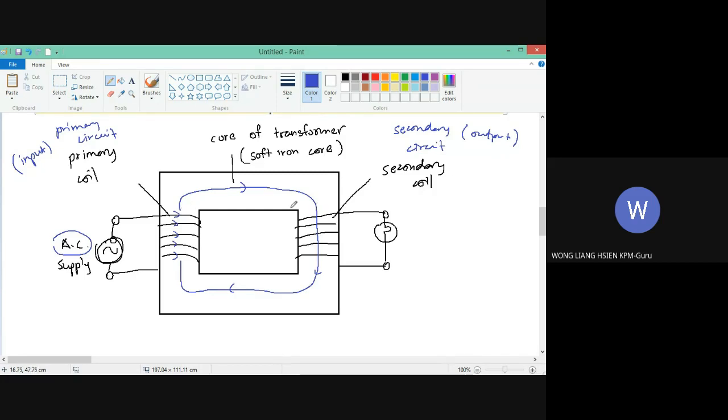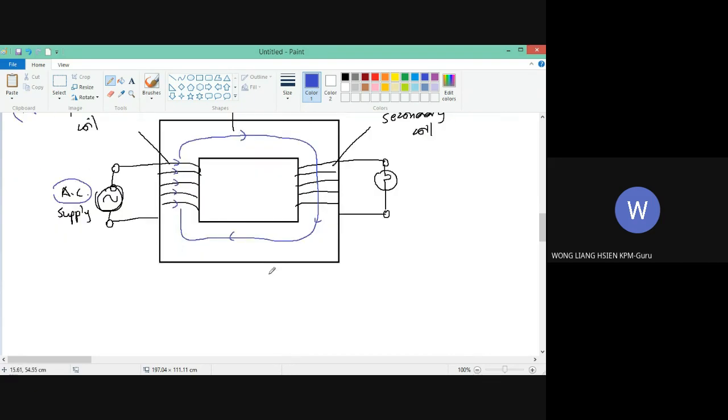And the magnetic flux will be connected to the secondary coil through the soft iron core. So the secondary coil is exposed to a changing magnetic flux.